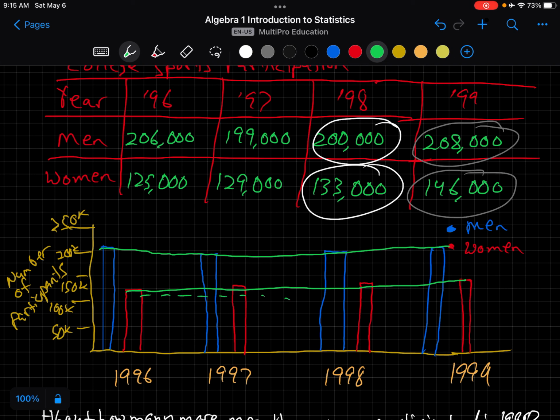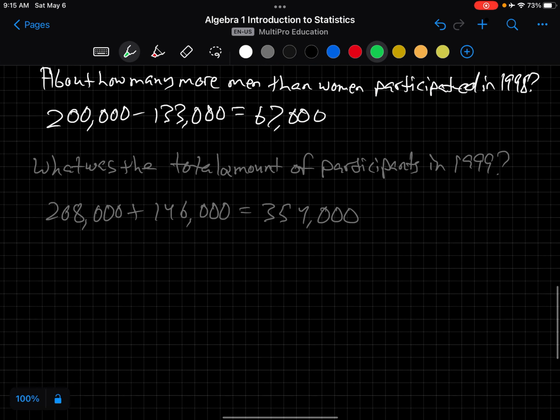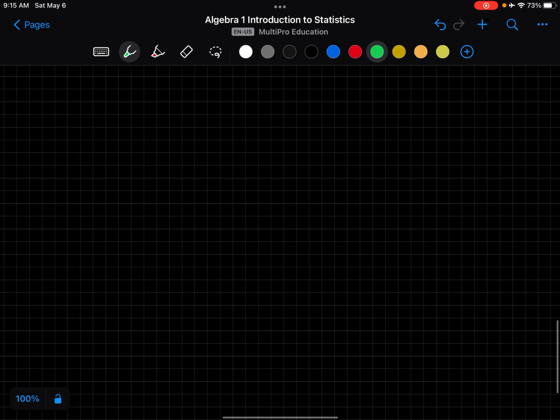It looks like they just gradually increase. So there are more and more women getting involved with college sports over time, whereas the men remain about the same. So we can see that trend with this bar graph. That's a really nice thing about having a visual. It's harder to tell that with the numbers.